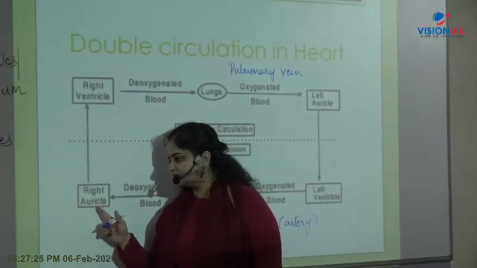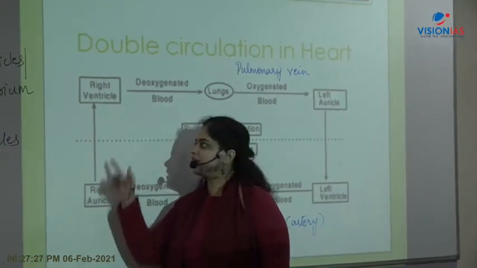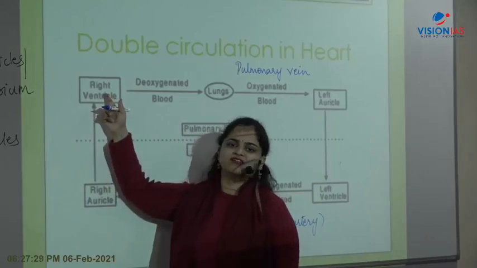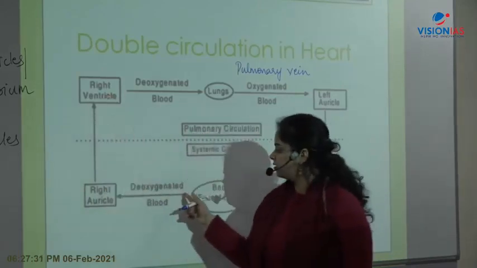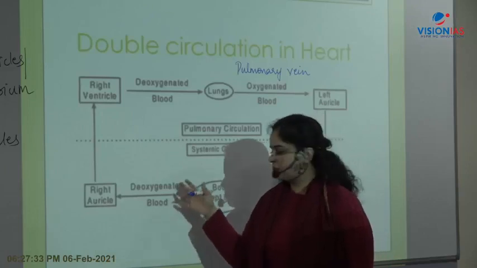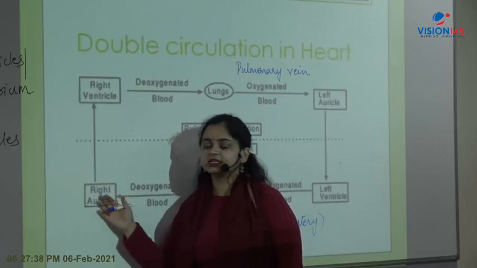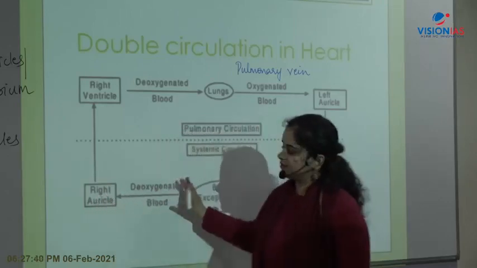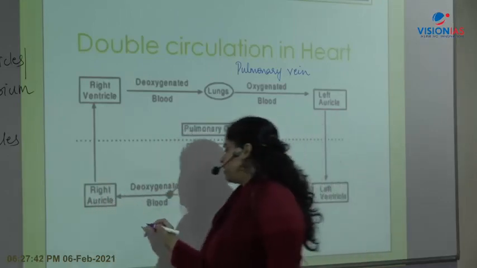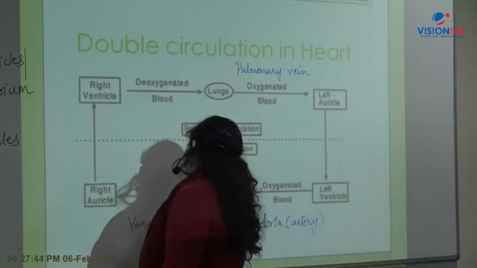Again, first the upper chamber, right auricle, then the lower chamber, right ventricle. And because the blood is coming towards the heart, right? Towards the heart means that this is a vein. The name of this vein is vena cava.